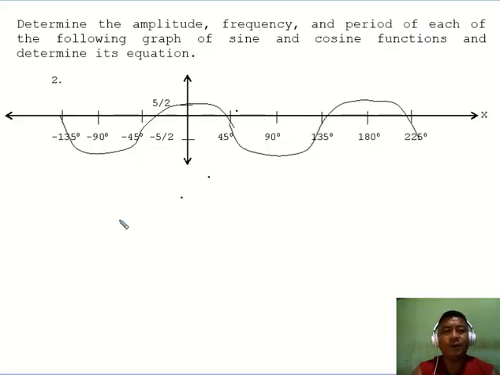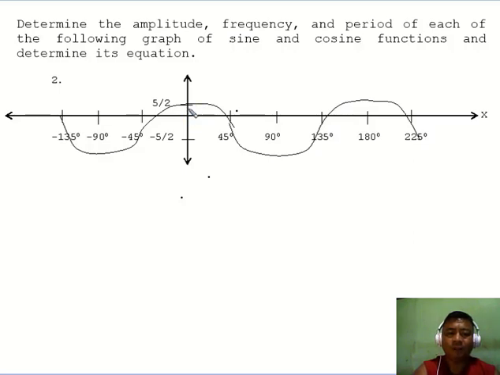Alright, let's continue. Determine the amplitude, frequency, and period of each of the following graphs of sine and cosine functions and determine its equation. The first thing we have to do here is to determine the 5 key points of one cycle of the given graph. Let's start from the point of origin.